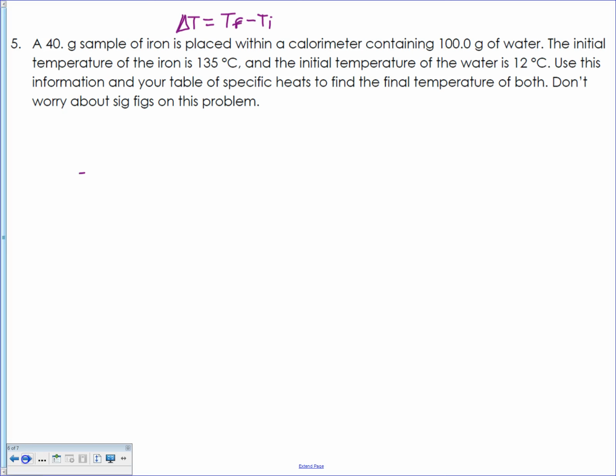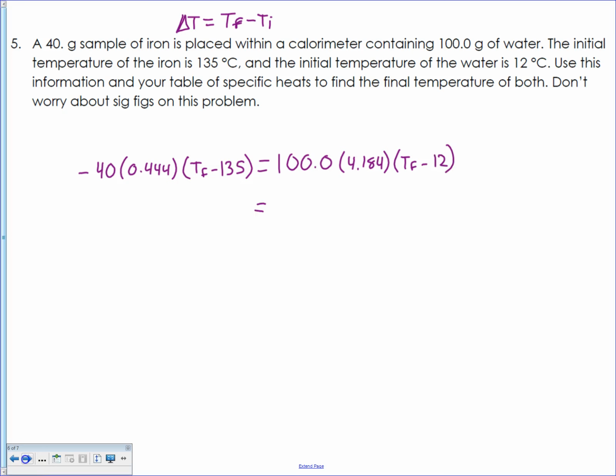So we'll set it up: -40 times C for iron is 0.444 from the table of specific heats times TF minus 135, because that's the initial temperature for iron, equals 100.0, the mass for water. C for water is 4.184. Delta T for the water is whatever that final temperature is, minus its initial temperature, which is 12.